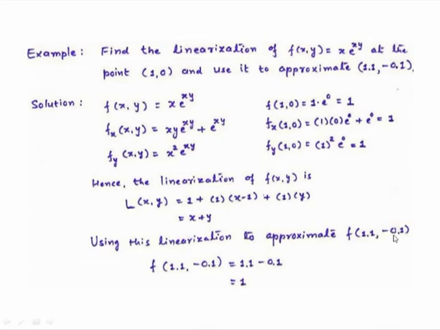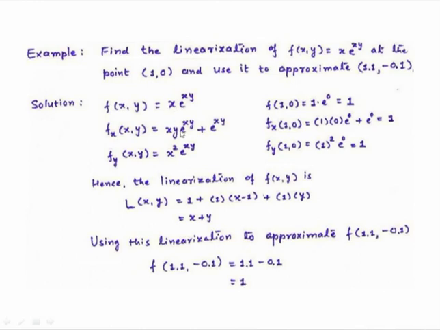Now we take f of x, y equals x times e to the power xy. For the partial derivative we have to differentiate partially with respect to x. So the u into v rule can be applied, because x is in two places and multiplication is present between them.